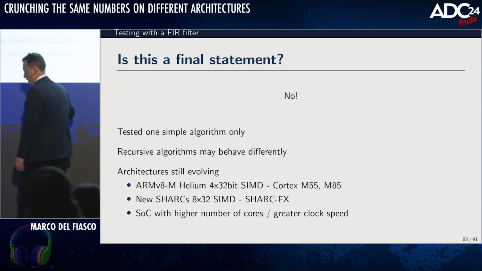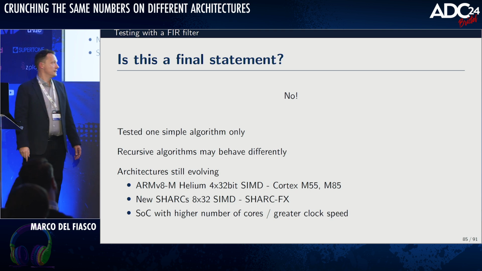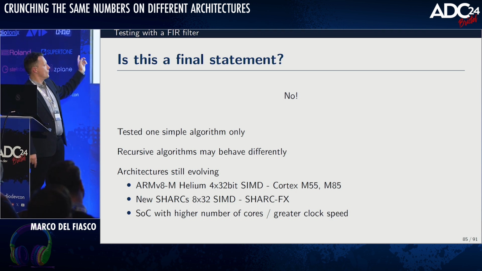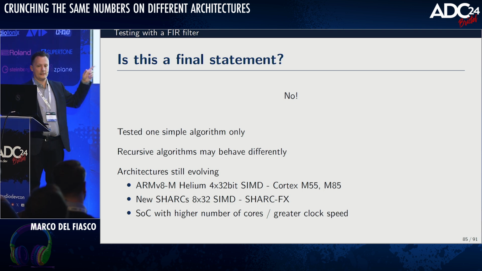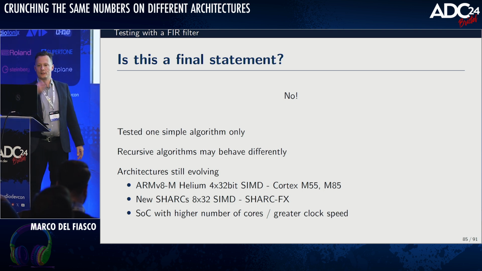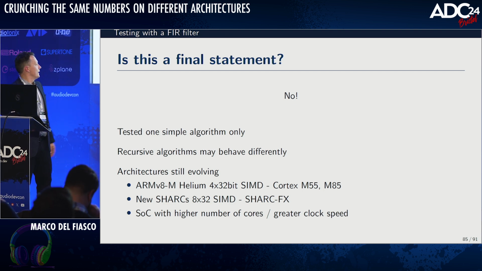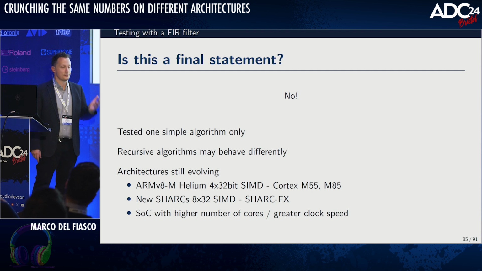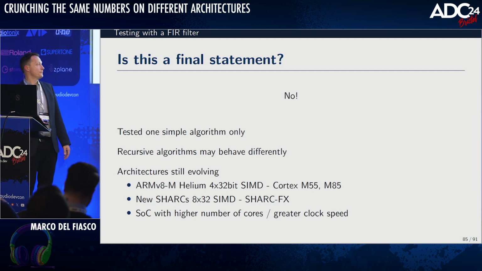So take a look at Cortex-M55 and M85 parts. Shark is going to release an 8 SIMD. So it's 4 times more than the actual part numbers. With systems on chips, they are always evolving. So they are pushing out the number of cores and the clock speed. So the race is still open.